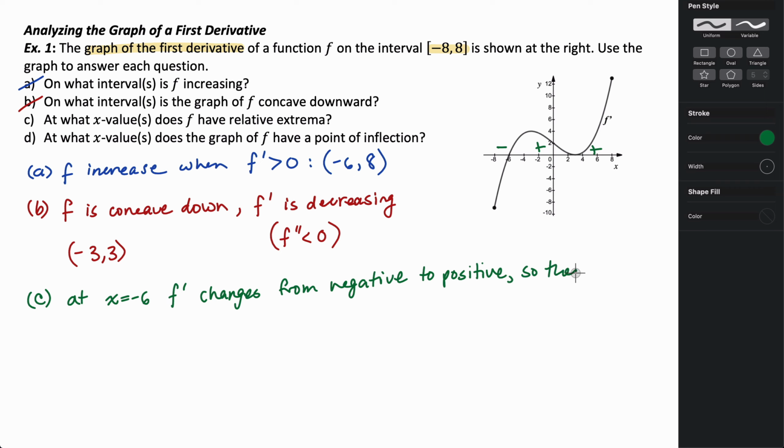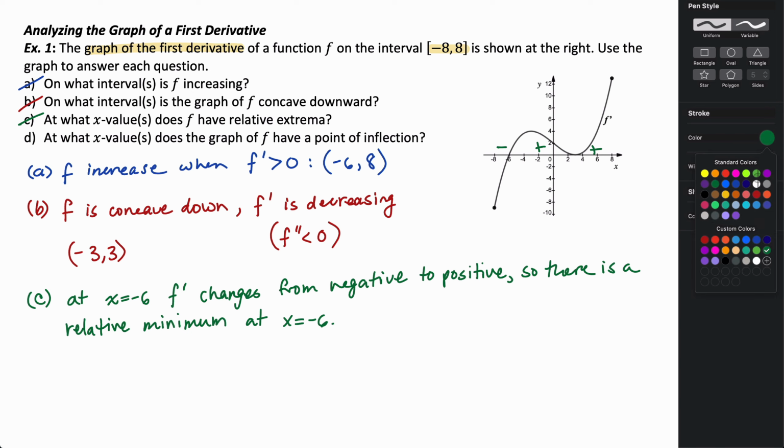So there is a relative minimum at x equals -6. So we have a relative minimum there, and that's because, again, the derivative changes signs from negative to positive.